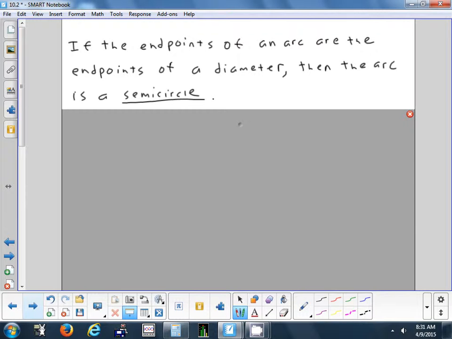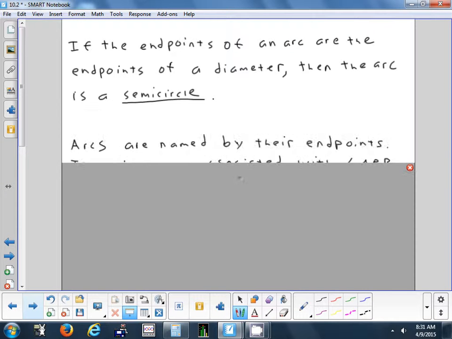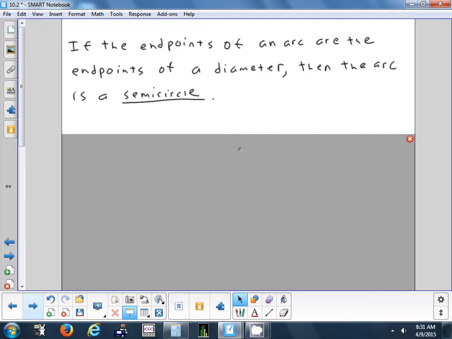If the endpoints of one of your arcs were the endpoints of a diameter, then you'd have a semicircle. Let me sketch that. Here's the center of your circle. Draw the diameter.